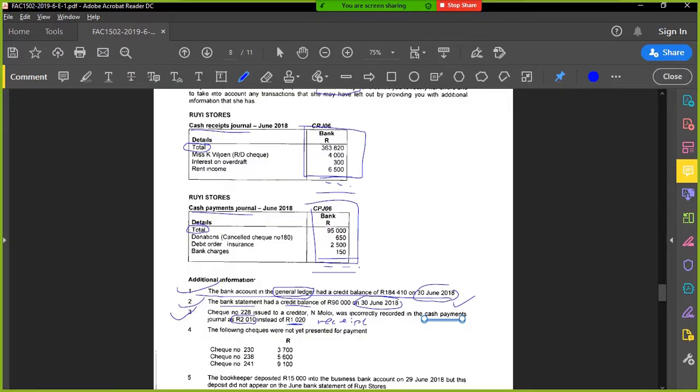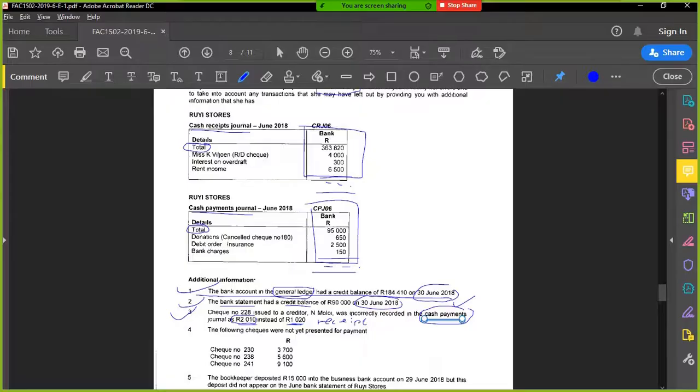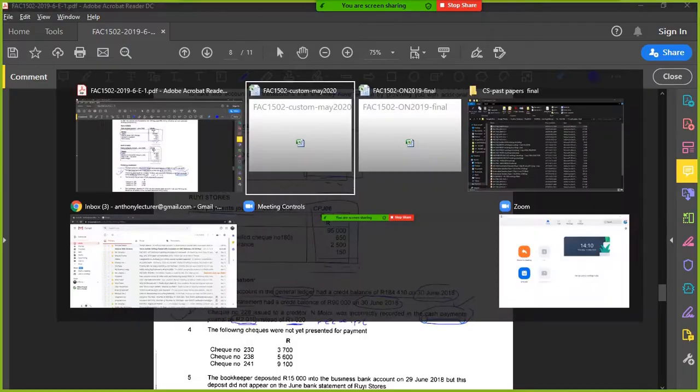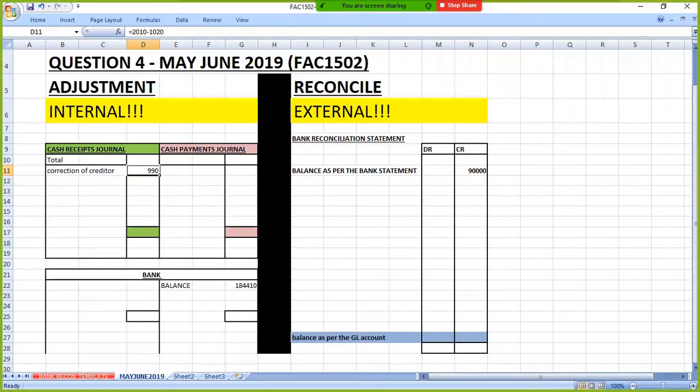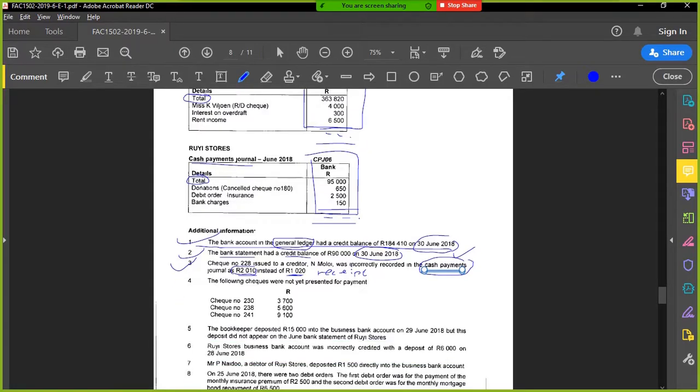Right, so we've recorded an amount for a payment that was too high. The payment was 2010. It should have been 1020. So the difference is going to be a receipt. 2010 minus 1020. 990. Yeah. Okay, so I got that right. Okay, good. Check it as you go, and then you can see.